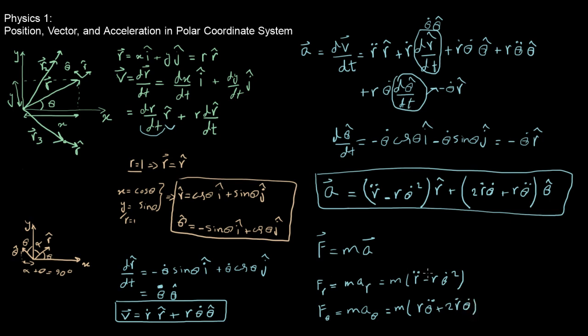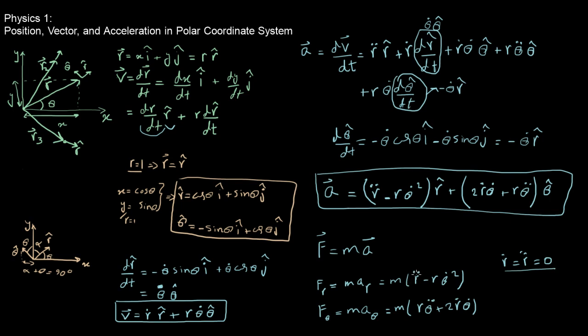Now there is a class of very important motion called motion on a circle, or circular motion. For that case, r dot equals r double dot equals 0. That means the particle is moving on a circle, and a circle always has the same radius, so that's why we can put that equal to 0.